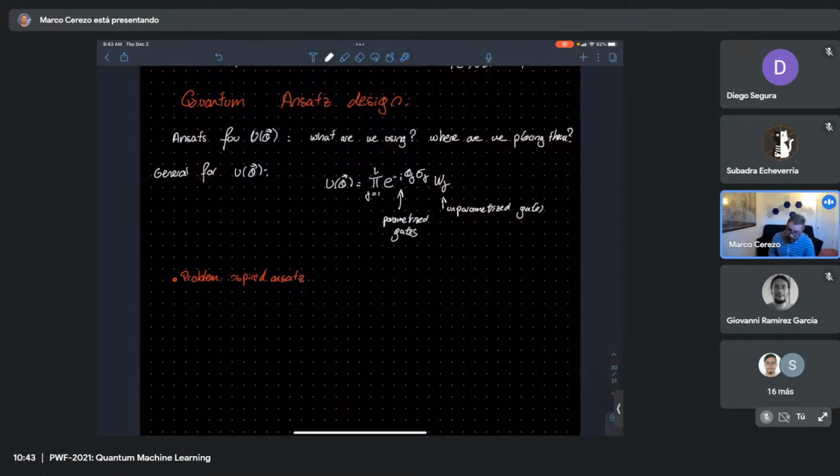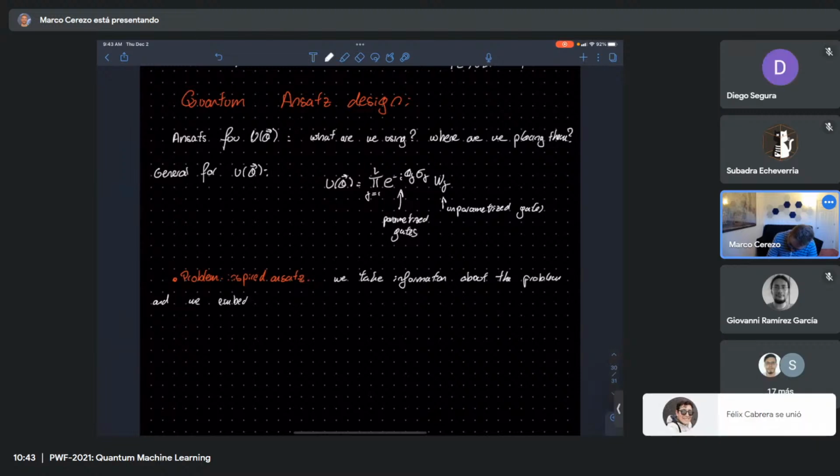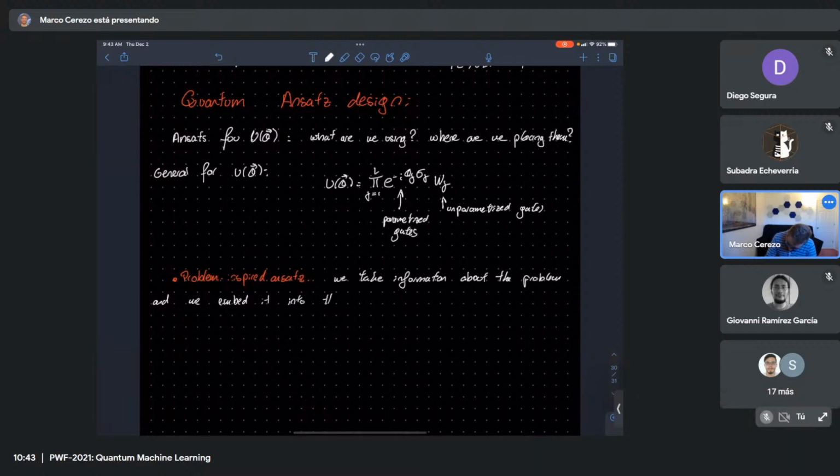Because here, what we do is that we take information about the problem and we encode it and we embed it into the design of our parametrized quantum circuit.